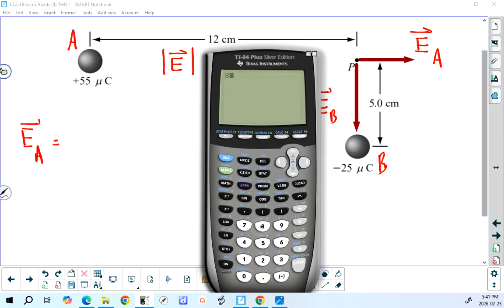So I'm going to take K, which is 8.99 times 10 to the 9, multiply that by 55 microcoulombs, and divide that by 0.12 meters, remembering to square it. I'll just double check that. Coulomb's constant times the charge in coulombs divided by the distance in meters quantity squared. And I get this number.